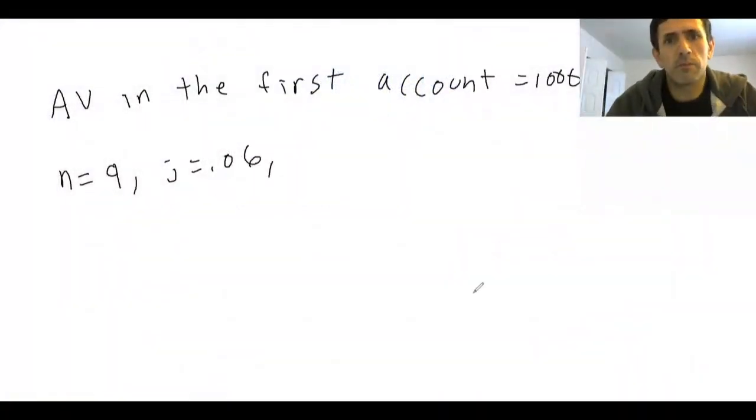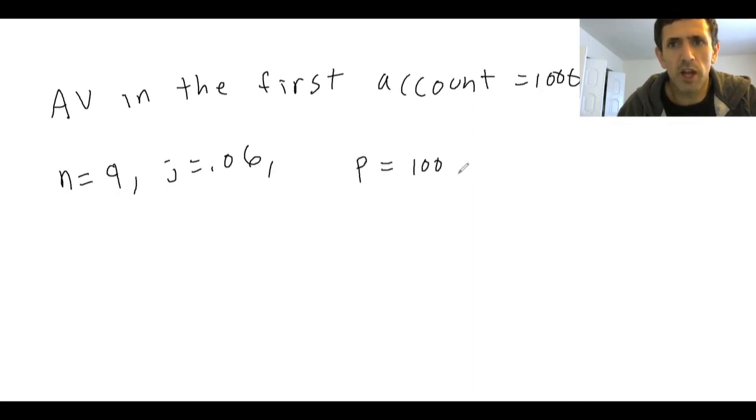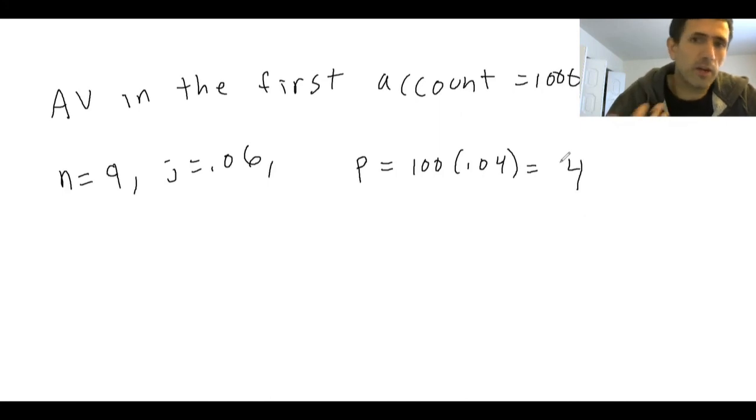All right, so let's get back to the whiteboard and finish up this problem. What we have here is a geometrically increasing annuity. The first payment is P, which is just 100 times 0.04, which is 4. So if you want, you can write on your time diagram that the first payment is 4, the next payment is 2 times 4, 3 times 4, all the way up to 9 times 4.